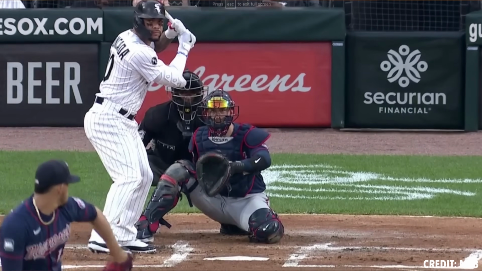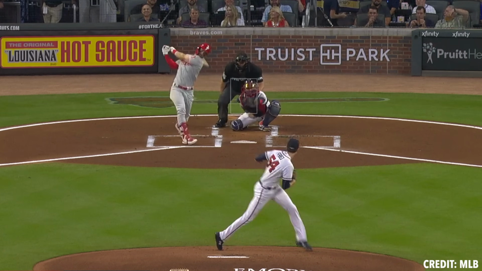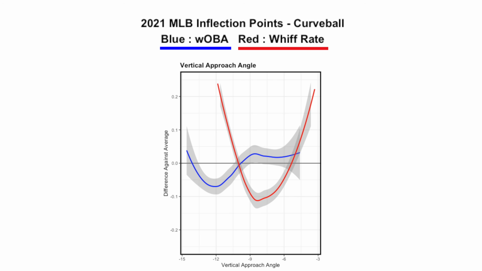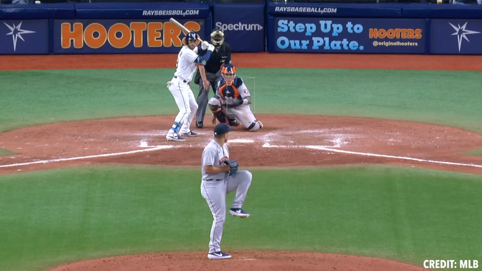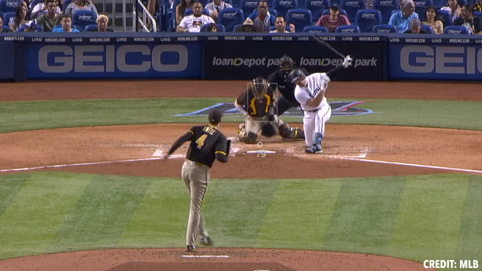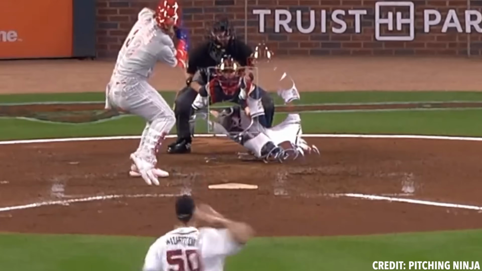So in looking at that, I think there's really no way to say, hey, you need to have a 12-6 or you need to have a big sweeping curveball. Overall, they're just kind of staying average across the board there. Vertical approach angle, just like you would predict, the steeper it gets, the more whiffs you're getting. So being able to throw that pitch hard while maintaining that approach angle to throw the pitch down in the zone.